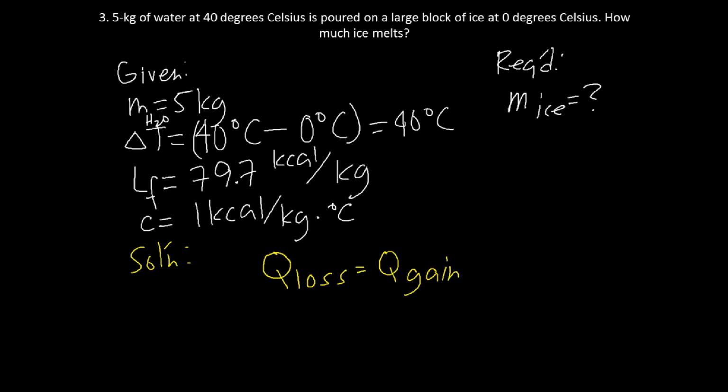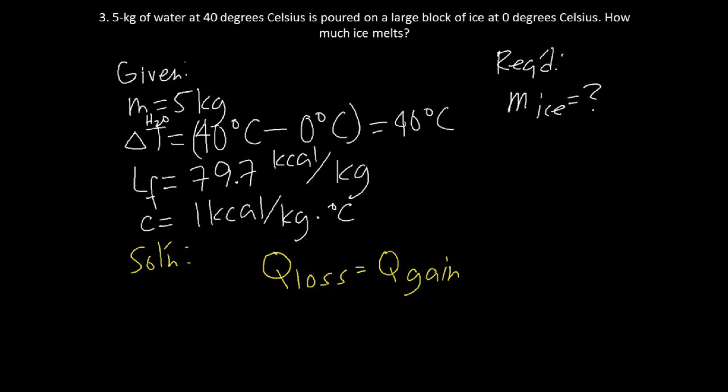So the technique here is that the system that has the higher temperature will be the Q loss, and then the system that has lower temperature will be the Q gain. So that's the technique that I usually use when solving calorimetry problems.